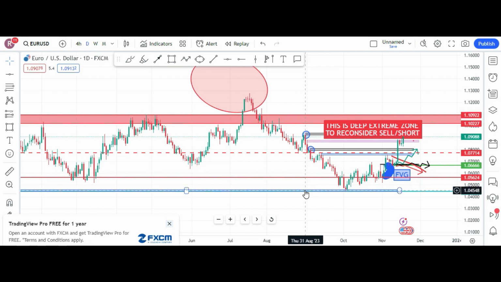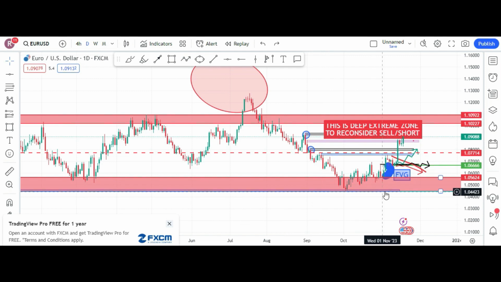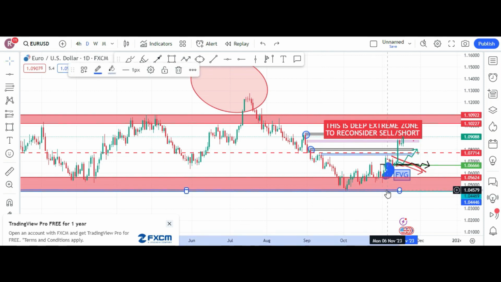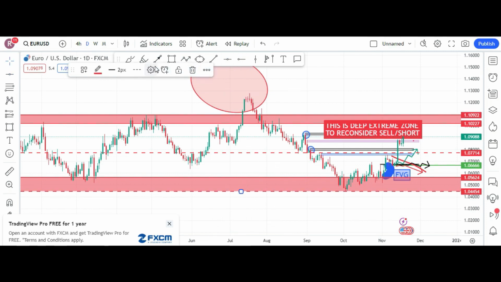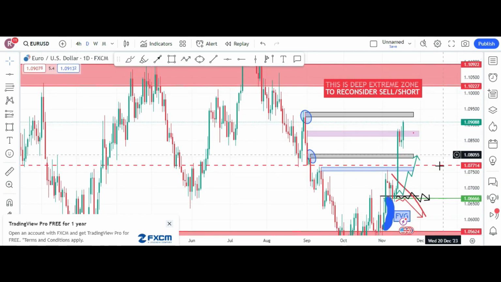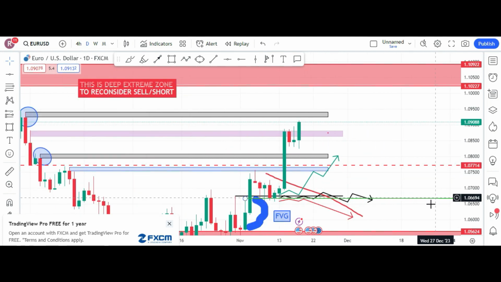Not this one. Yes, this one we don't need, and this green one, yes. For some reason I deleted this line. So this is the situation in the day time frame.